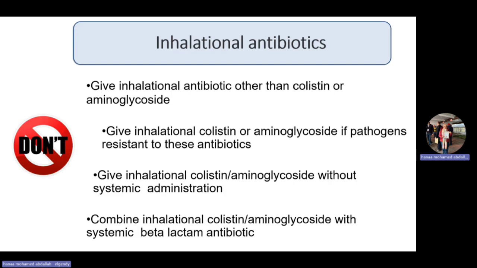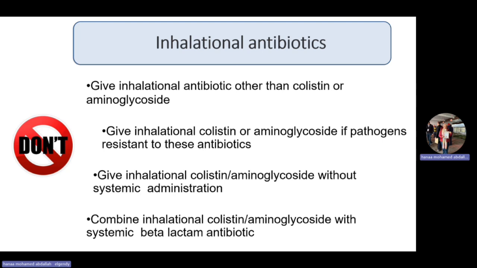Do not give inhalational antibiotics other than colistin or aminoglycoside. Do not give inhalational colistin or aminoglycoside if the pathogen is resistant to this antibiotic. Never use it empirically. Never give inhalational colistin or aminoglycoside without systemic administration. Do not combine inhalational colistin or aminoglycoside with systemic beta-lactam.